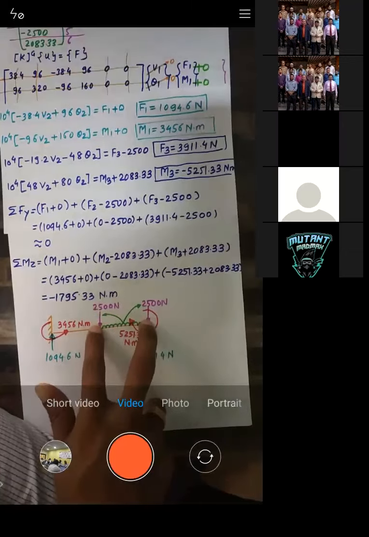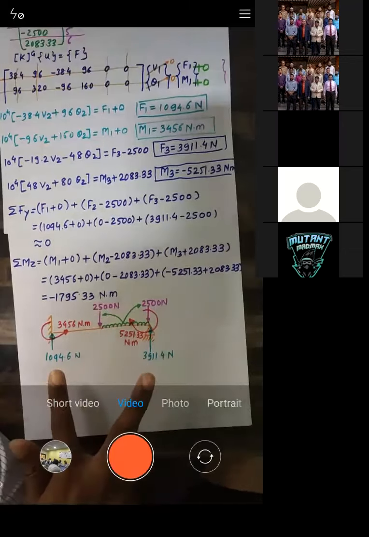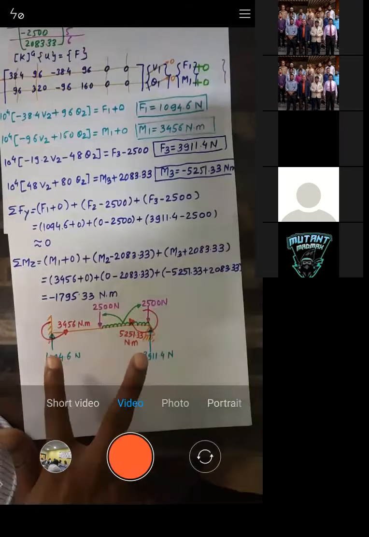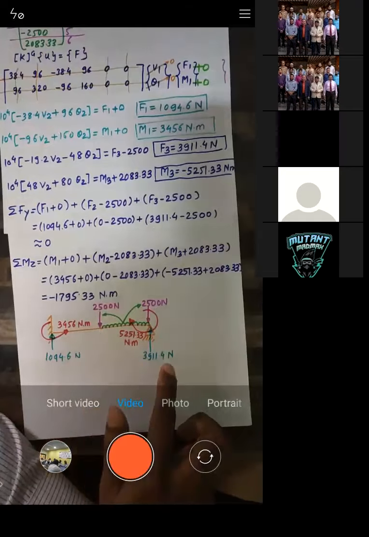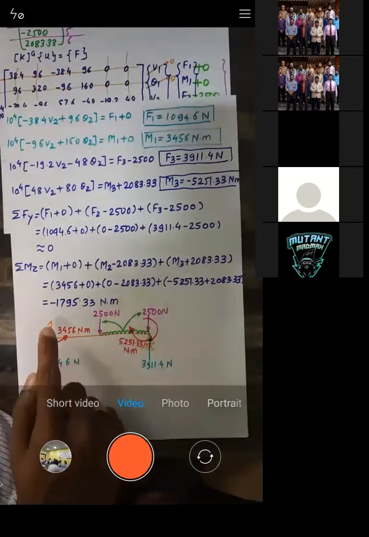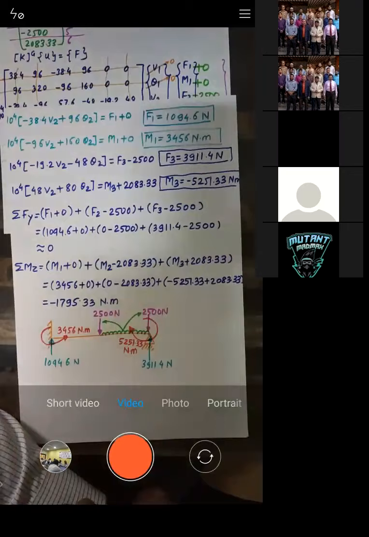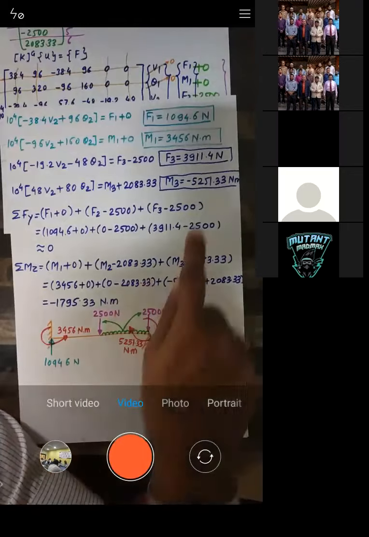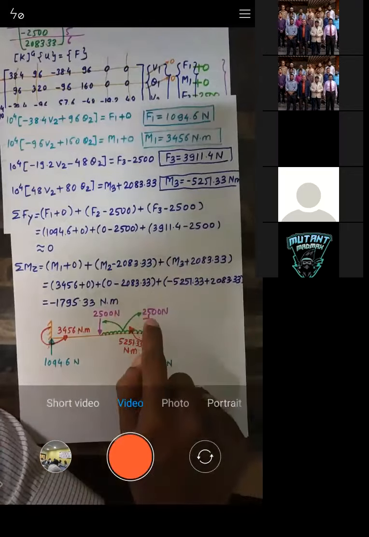This 5000 gets balanced by the addition of the two upward reactions, 1094.6 plus 3911.4. But the moment will not get balanced, because at node 1, 3456 moment was produced, anti-clockwise, and at node 3, 5251.33 moment was produced, clockwise.